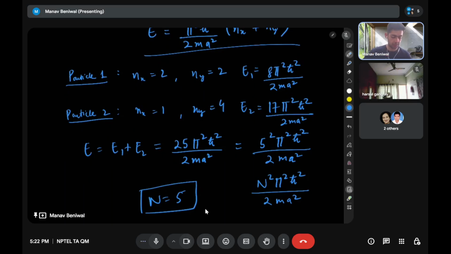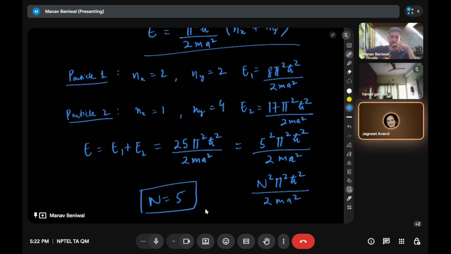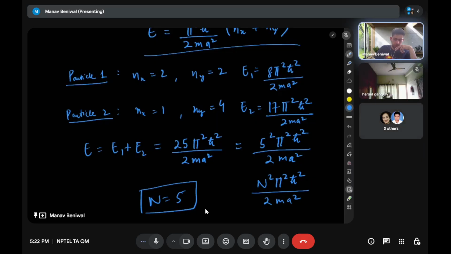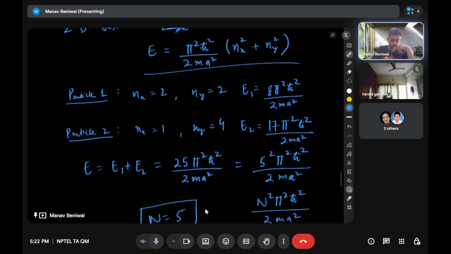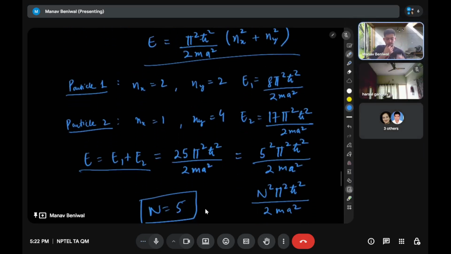Now you can ask: when are the particles non-interacting and when do they become interacting? Here they are non-interacting, so we can directly write this. If they were interacting, then we also have to take into account the interaction energy.